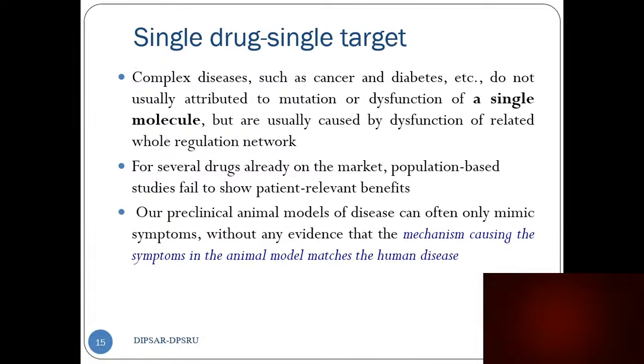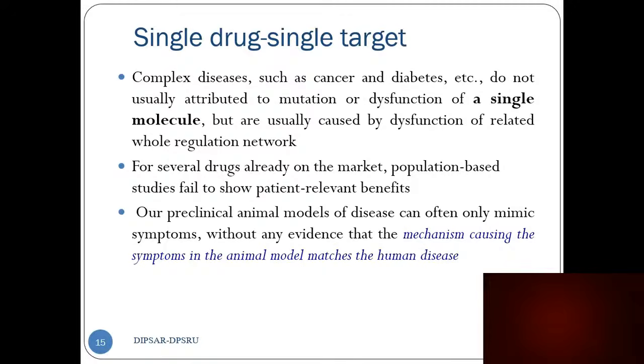But coming back to networks, you should understand that whatever drugs we have today are discovered based on the single drug and single target concept. For example, atenolol inhibits beta 1 receptors present on the heart, right, for cardiovascular problems.